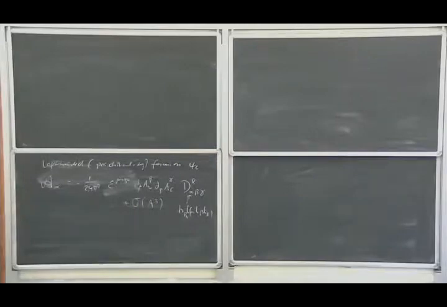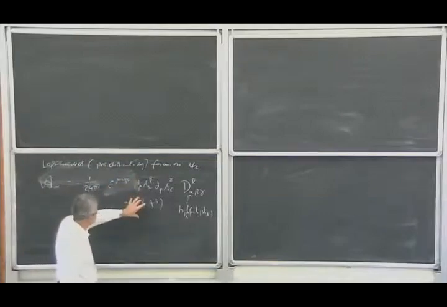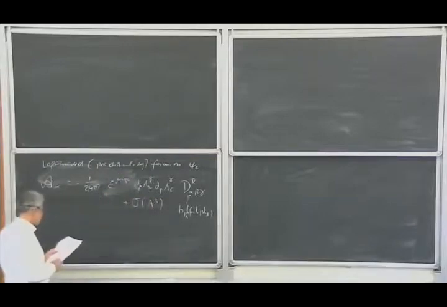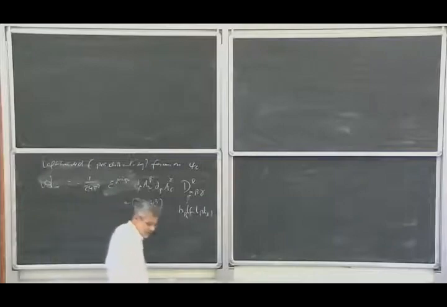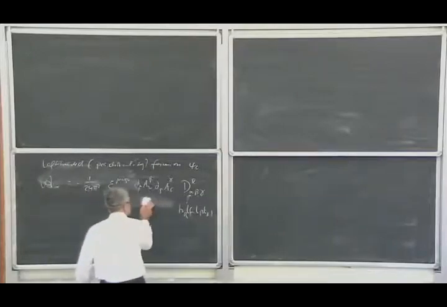So that will give us some relation between these terms quadratic in A and cubic in A, and which will actually fix these terms in terms of these quadratic terms.